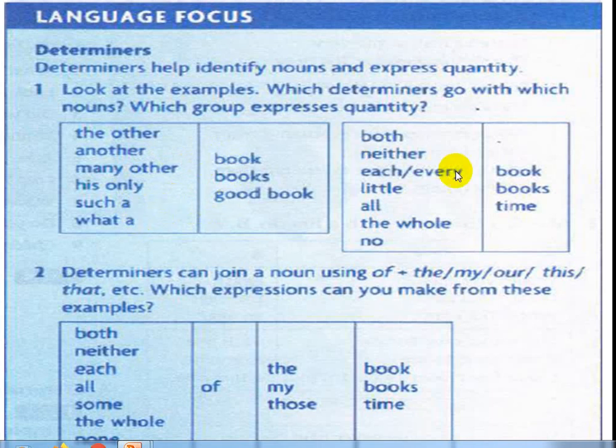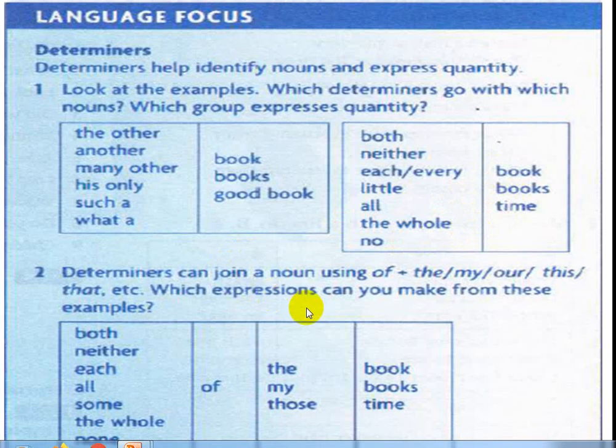We say both books, neither book, each, every book or each, every time, little time, all books, the whole book or the whole time, and no book or books or no time. And you know that, as I said, quantity like each, every, all, and so on.